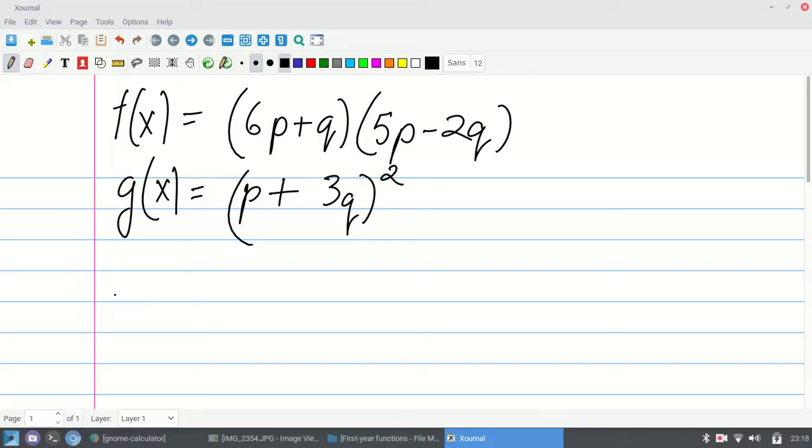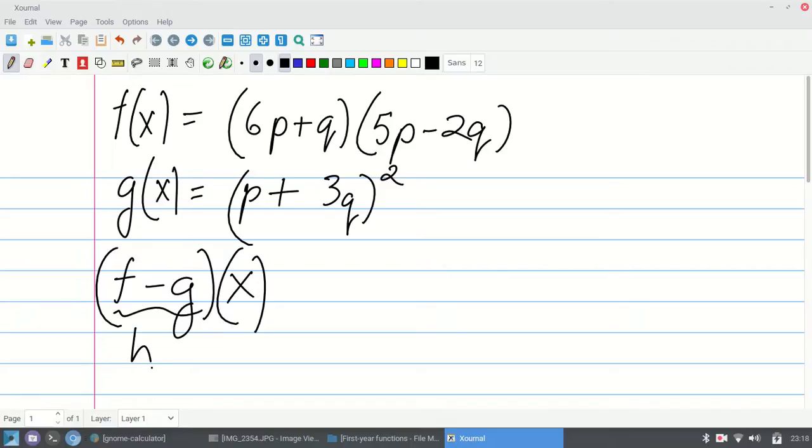And it wants you to find this kind of pseudo function where you subtract g from f and you get some new function h. So I need a new operation h that is essentially a subtraction of f and g.